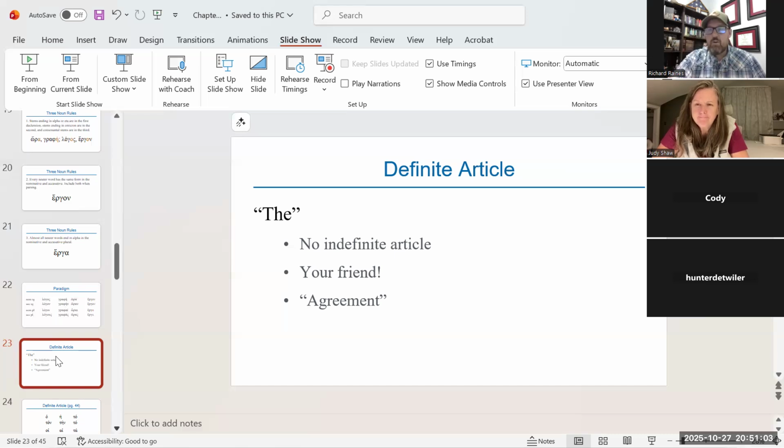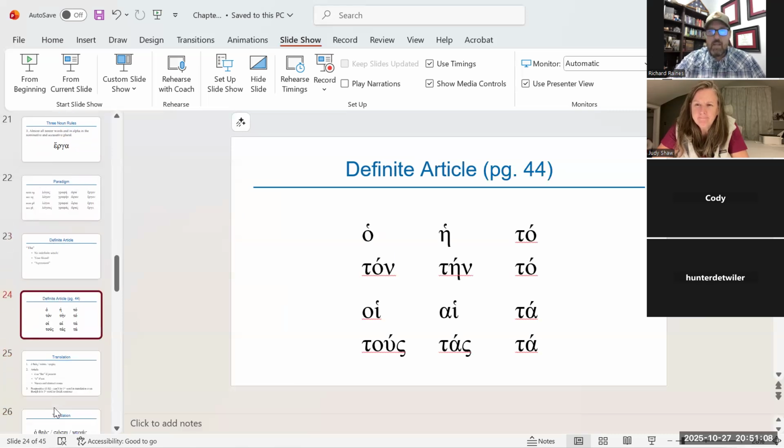The reason definite articles are your friend is because definite articles take the shape of the word that they are attached to. So if you look in your textbook on page 44, if you have that with you, you see one of those paradigm charts.